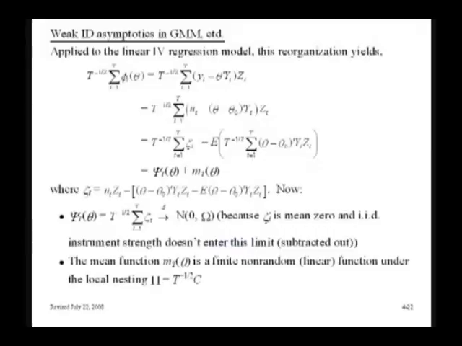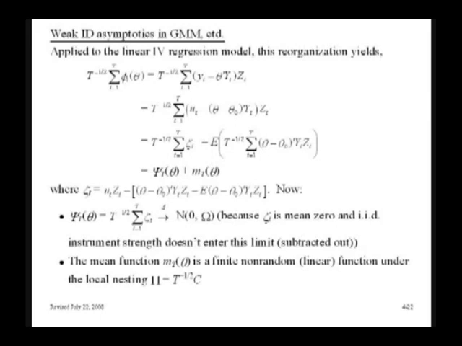That's just the analog to the pi times square root of t approximation. Okay, so where does that take us? If I now look at these moments, t to the minus 1/2 times the moments that we're working with in the two-stage least squares case, it's nice to work with that example because everything can be done explicitly.